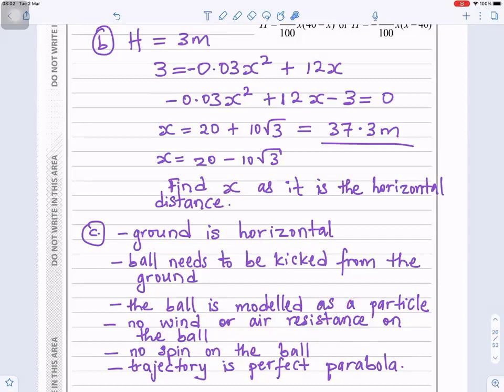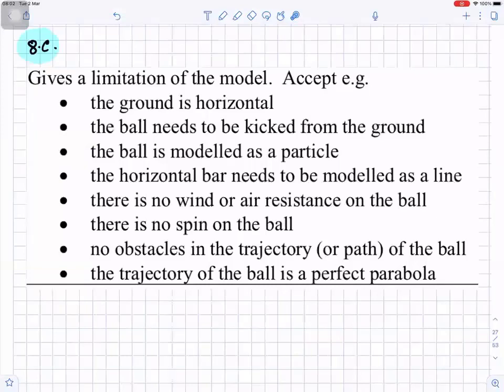Those are some of the reasons. So that's question 8C written neatly. The answers that were acceptable are: the ground is horizontal, the ball needs to be kicked from the ground, modeled as a particle, no wind or air resistance, no spinning of the ball, no obstacles, the trajectory of the ball is a perfect parabola, that shape.